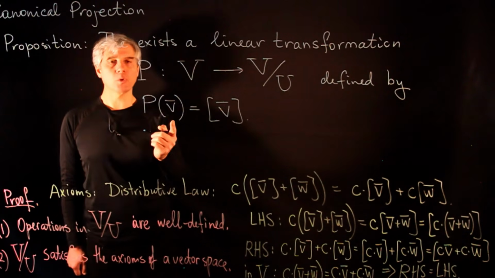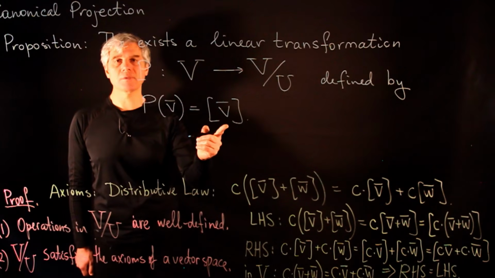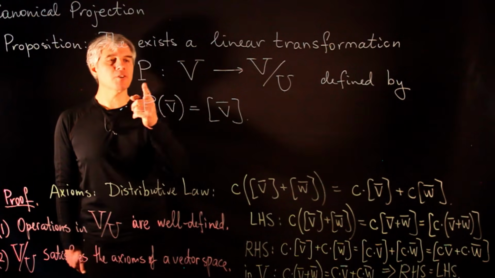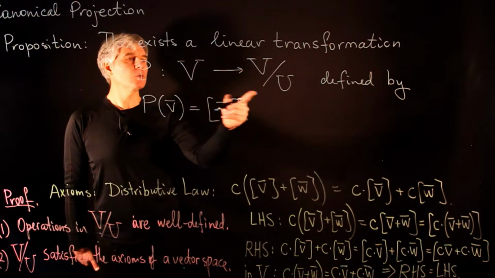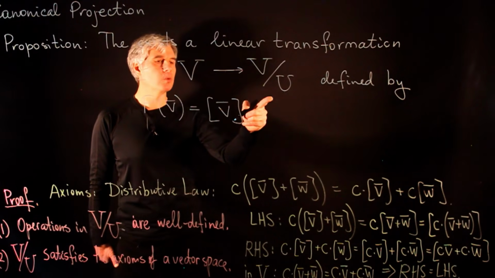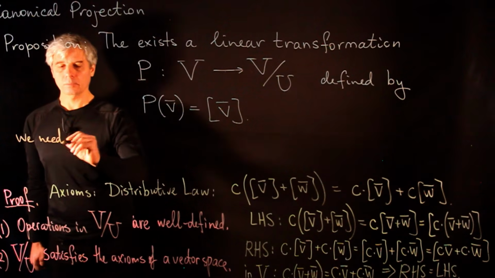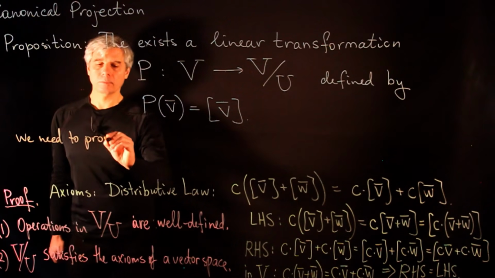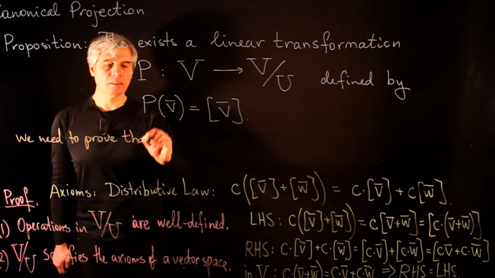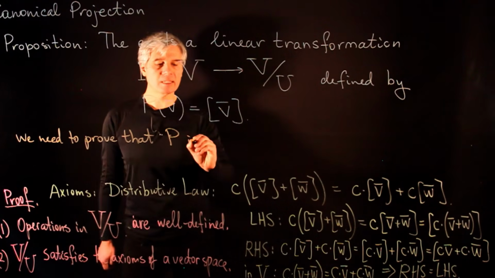So here, to each vector, we associate its equivalence class. And this will be a transformation from vector space V to vector space V quotient by U. We need to prove that P is linear.